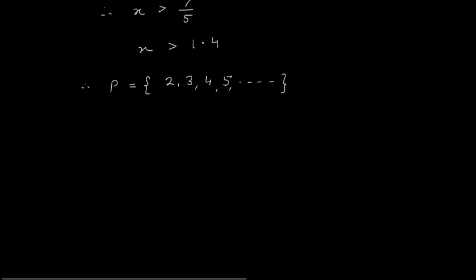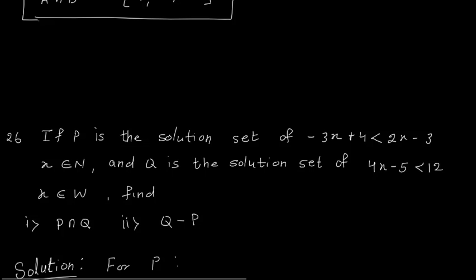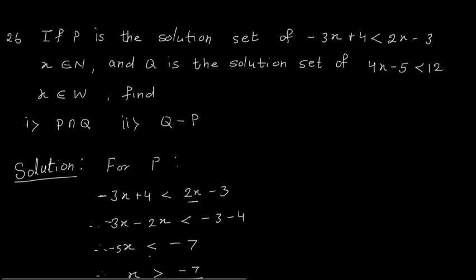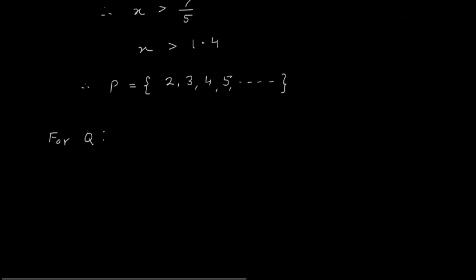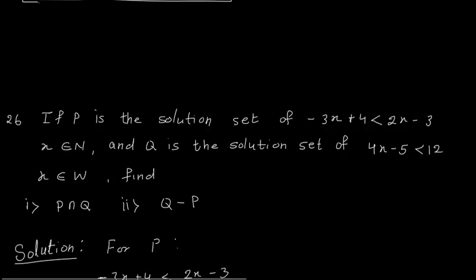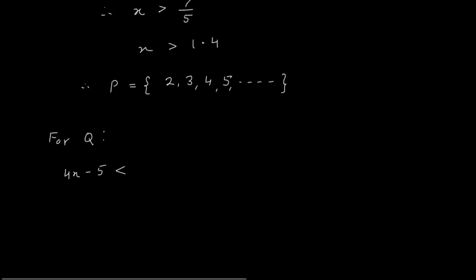Now similarly for set Q, we have another equation 4x minus 5 is less than 12. So this gives us 4x less than 12 plus 5, that is 4x less than 17.